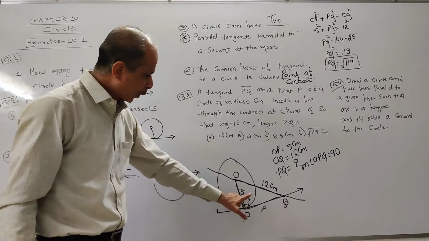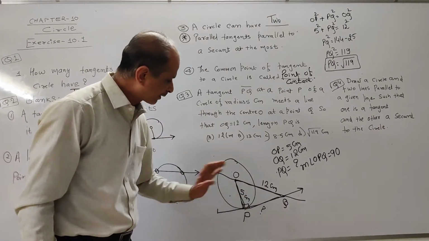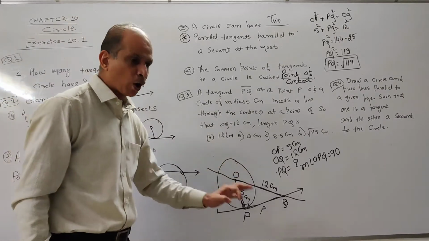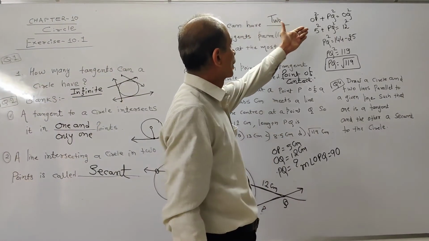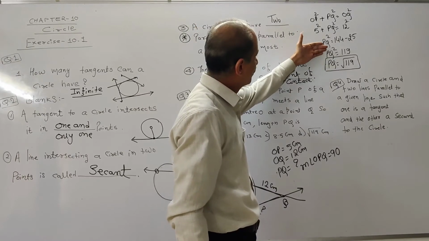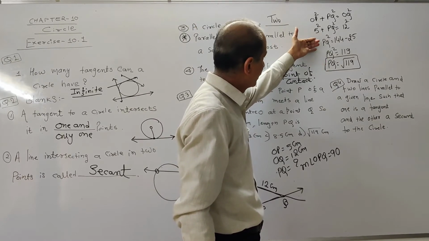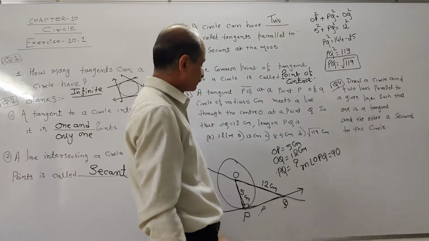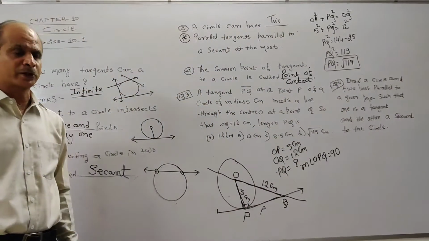The sum of the squares of the two sides of a right angle triangle is equal to the square of the length of the hypotenuse. We have put the values and solved for PQ square. How to find out PQ from PQ square? So find out the square root. So square root of 119 is the value of PQ.